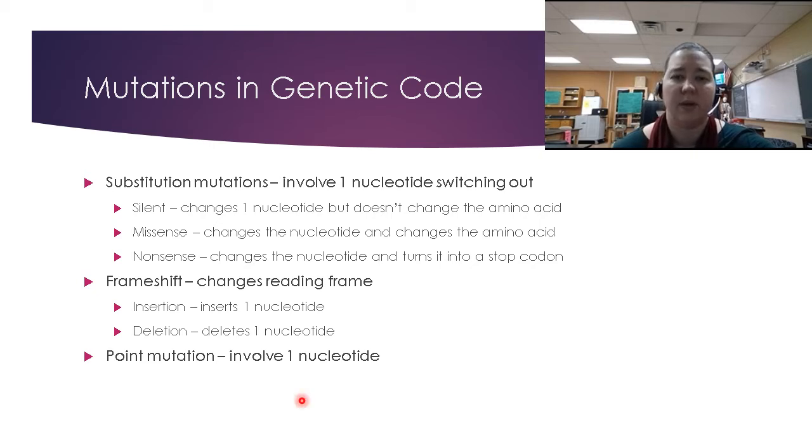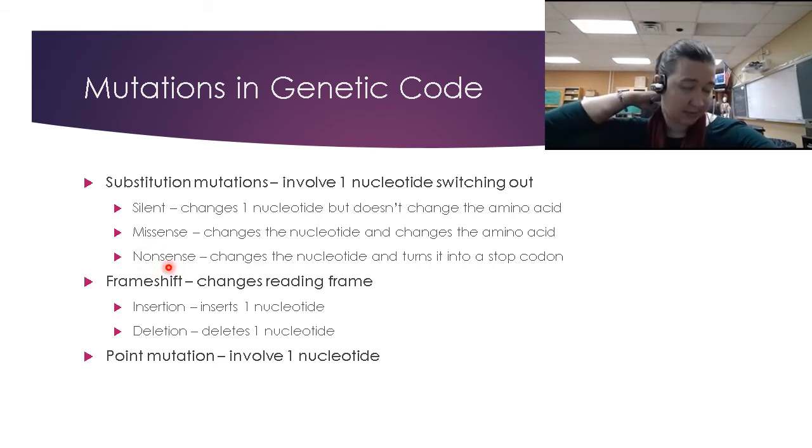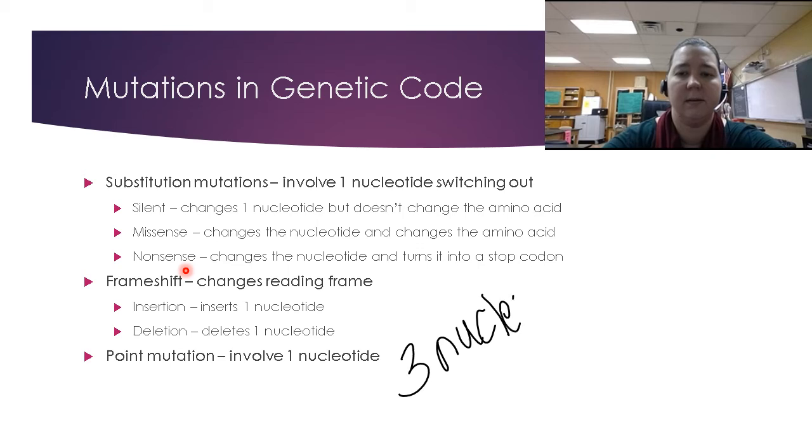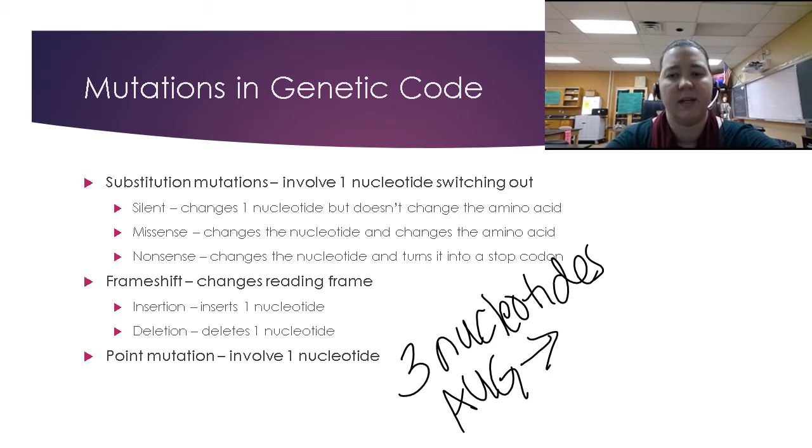So that is where it shortens up the DNA strand, or technically it'll shorten up the RNA strand a lot. And then we have frameshift mutations where we insert or delete nucleotides and we basically change the whole reading frame. Because remember, 3 nucleotides, starting with AUG, is our reading frame, and then moving on.